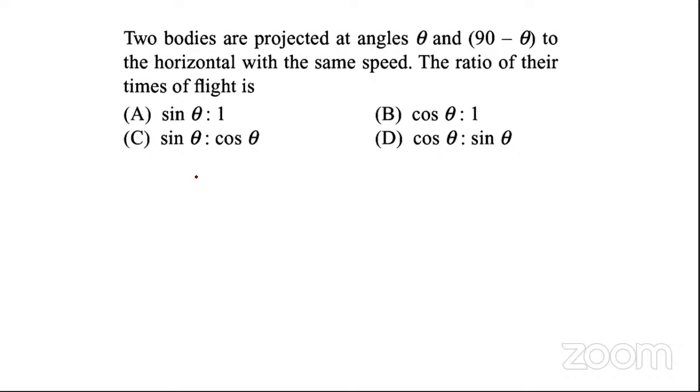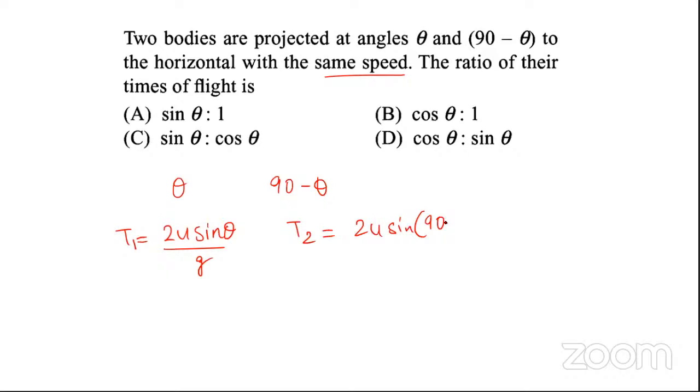See, the angles are theta and 90 minus theta. So the time of flight is 2u sine theta by g. The speeds are same, so u will remain the same for both of them. So let this be t1, and t2 is 2u sine (90 minus theta) by g, that is 2u cos theta by g.